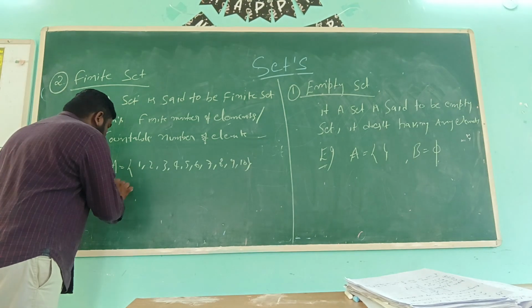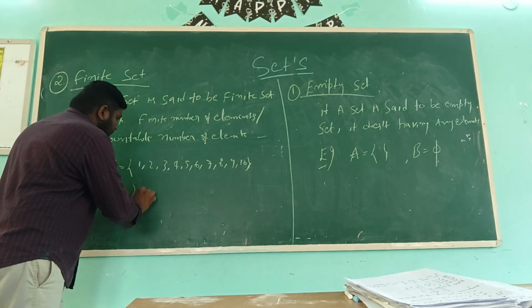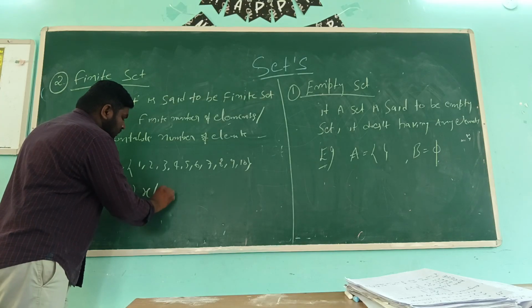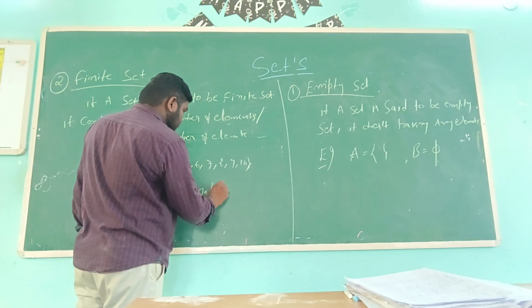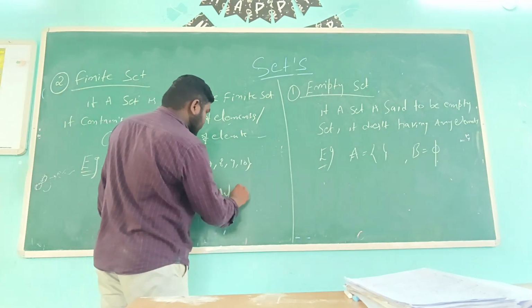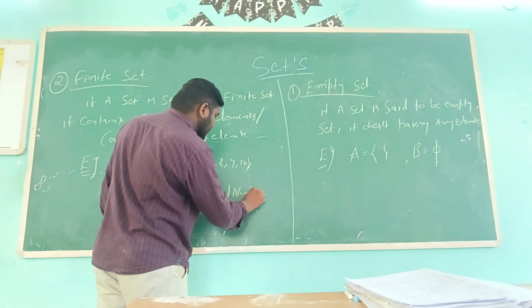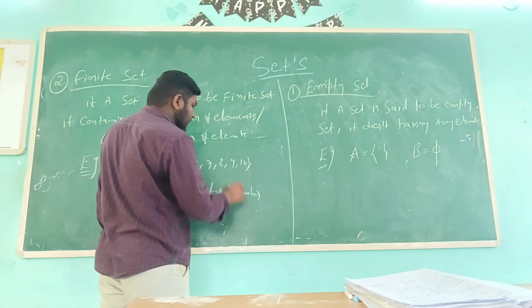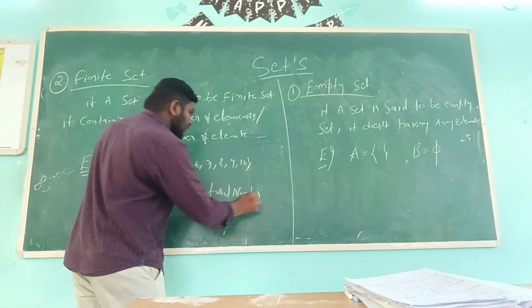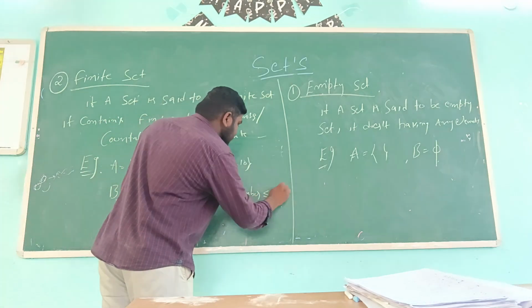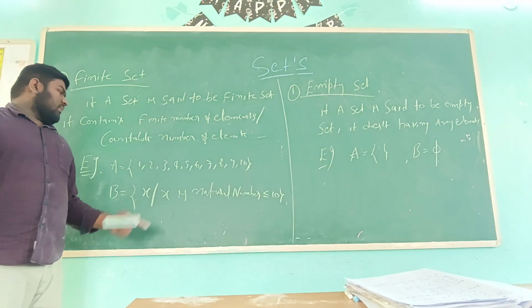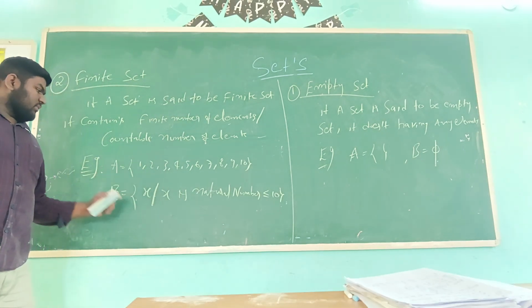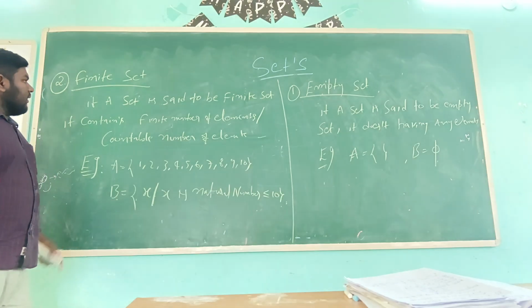Then we will write the set builder form of the same set: x such that x is a natural number, x is a natural number less than or equal to n. This is called the set builder form.